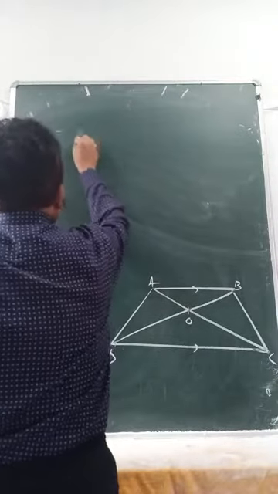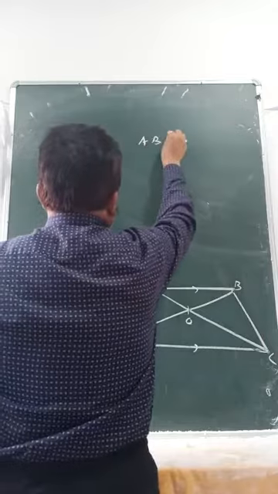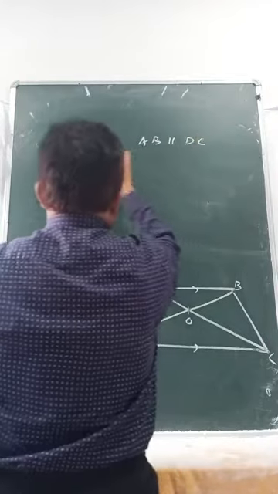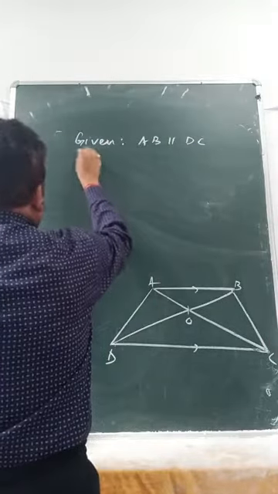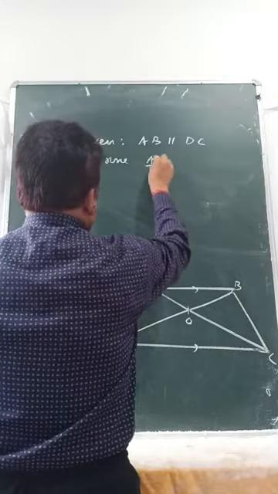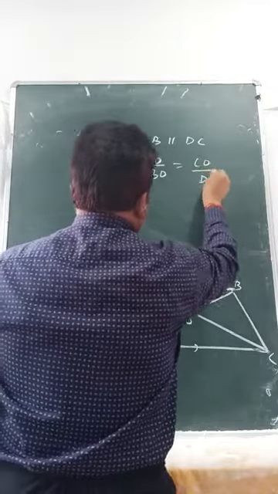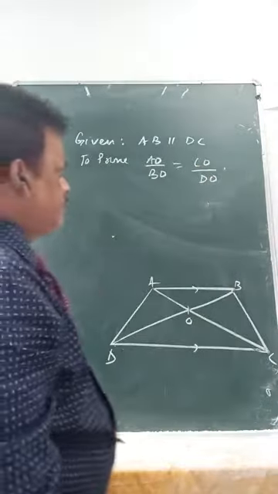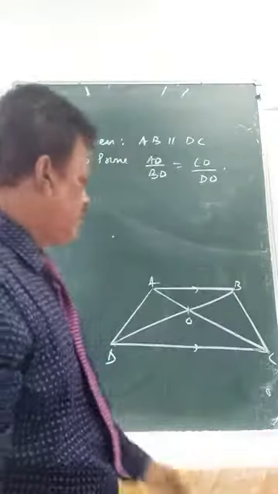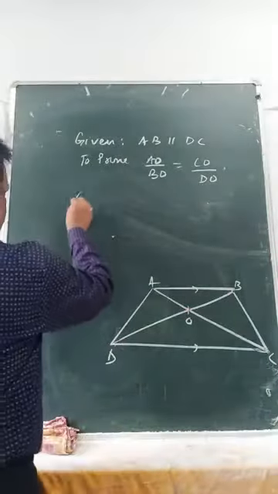Given AB parallel to DC. To prove AO by BO equals CO by DO. What you do is construction.